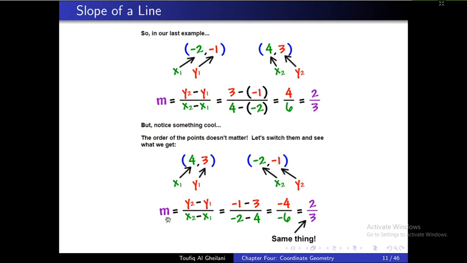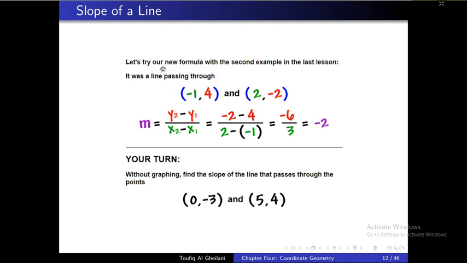So we get the slope m equals y2 minus y1, minus 1 minus 3, over x2 minus x1, minus 2 minus 4. So minus 4 over minus 6. Minus with minus will cancel, and 4 over 6 we simplify to get 2 over 3.